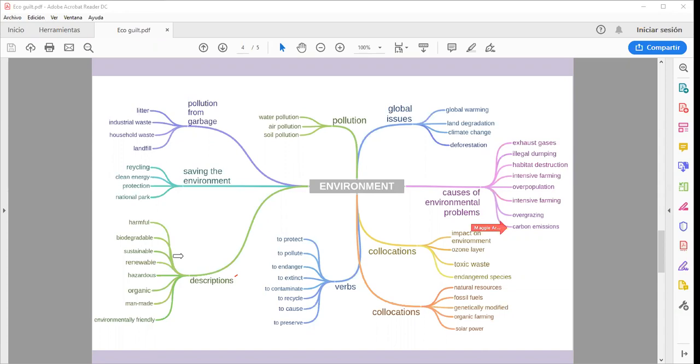So here we have some more words, for example, descriptions. The descriptions are that contamination is harmful. It can also be biodegradable, sustainable, doable, hazardous, organic, man-made, or environmentally friendly.